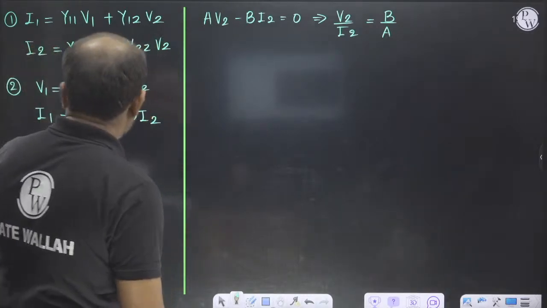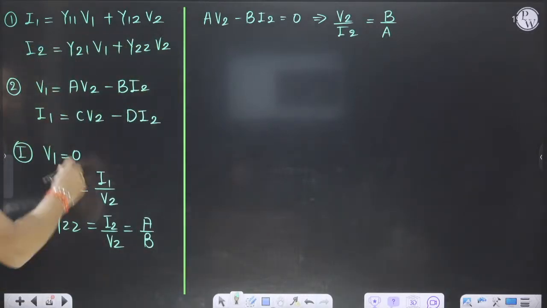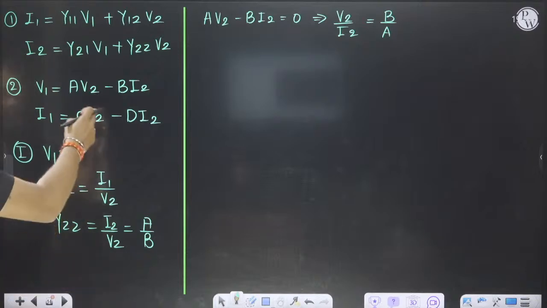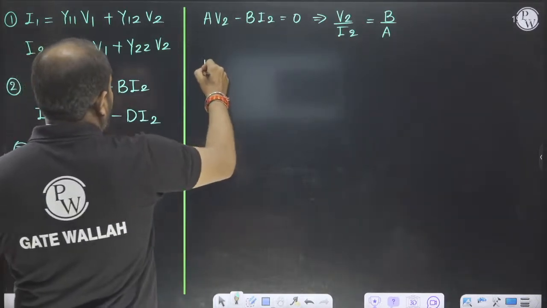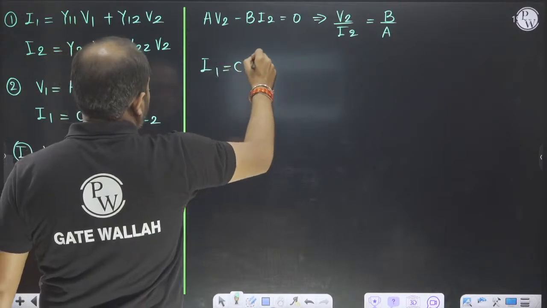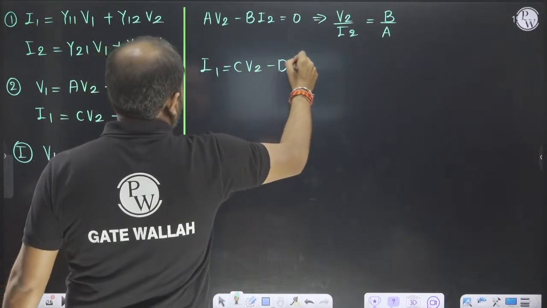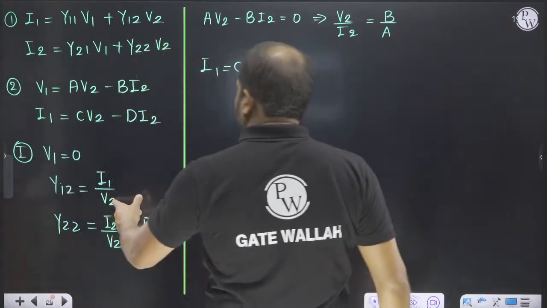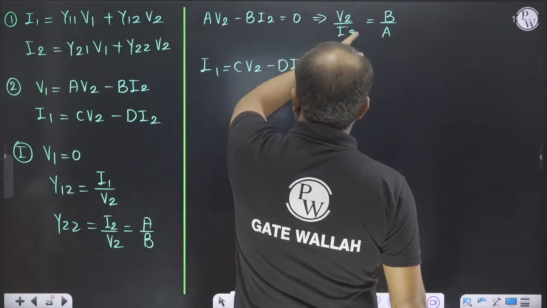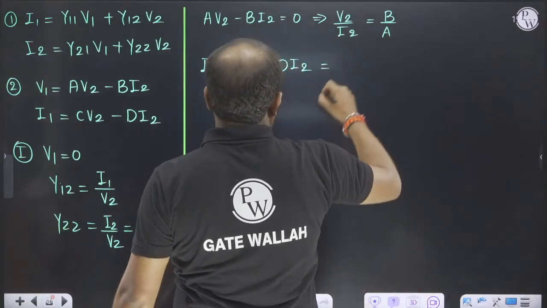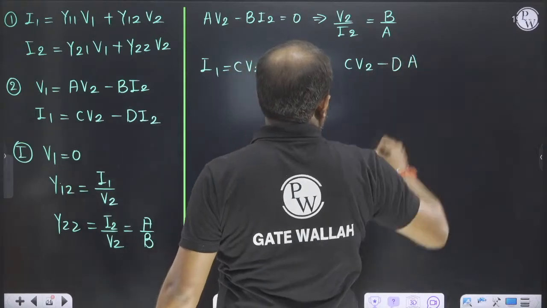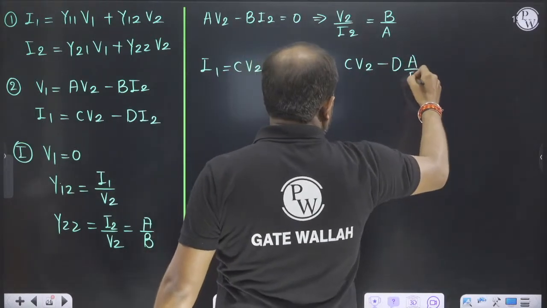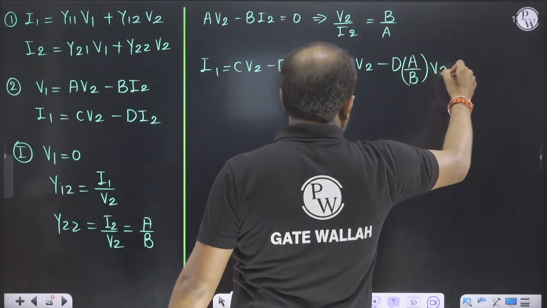Then in the next case, I will make V1 equal to 0, so I1 is equal to C V2 minus D I2. I have to find out I1 upon V2, so I2 will be written as A by B times V2.